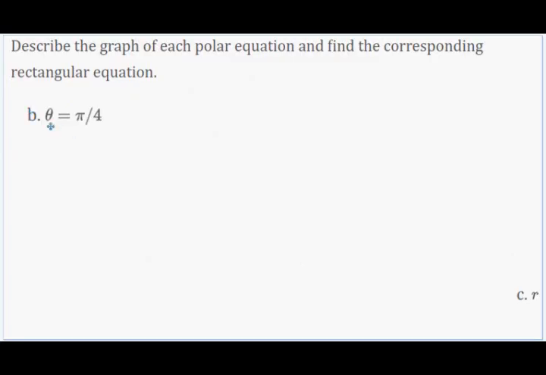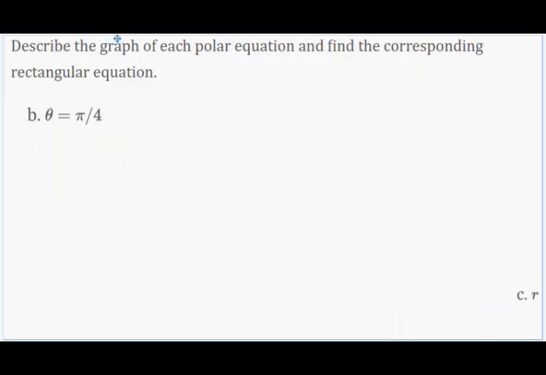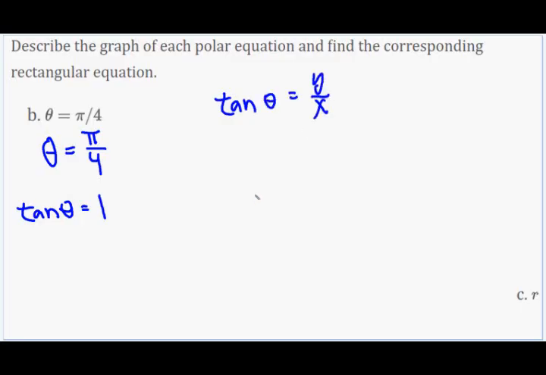Letter B. This is a line, just like we saw here, with the tangent equal to y over x. It's going to be very, very similar. So our theta is equal to pi over 4. And then the tan of pi over 4 is equal to 1. We know that tan of theta is y over x.